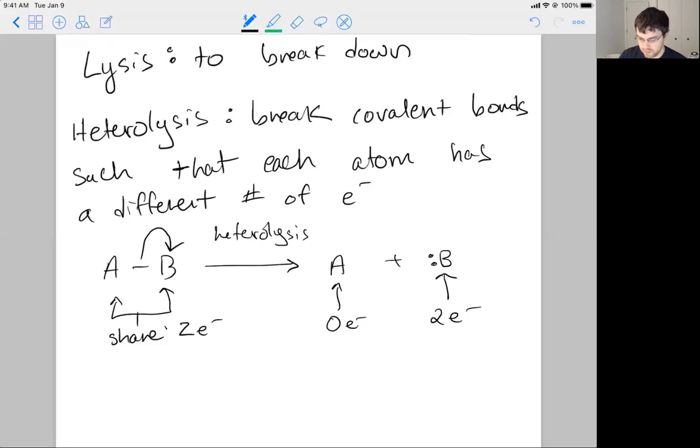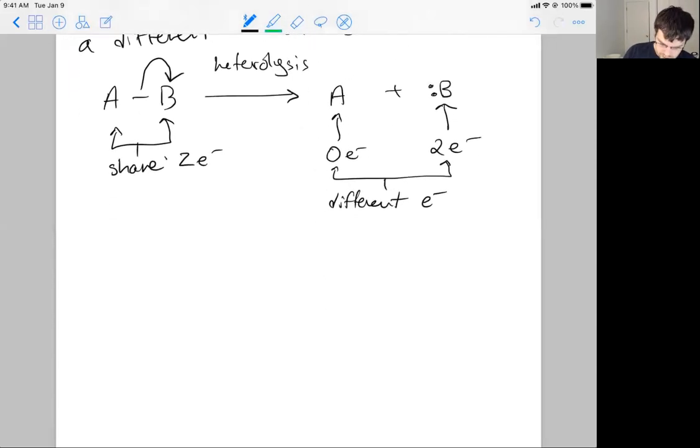Okay, so these are different numbers, and that's where we see that hetero or different prefix to this lysis event. So different electrons. And the electrons that we care about counting are those electrons that were once shared to make the covalent bond. Now this is in contrast to the other type of bond breaking event, which is homolysis.